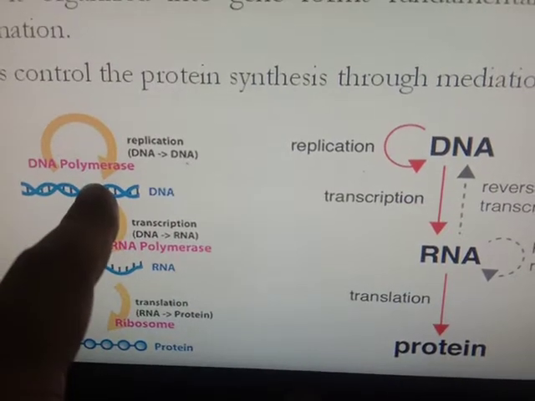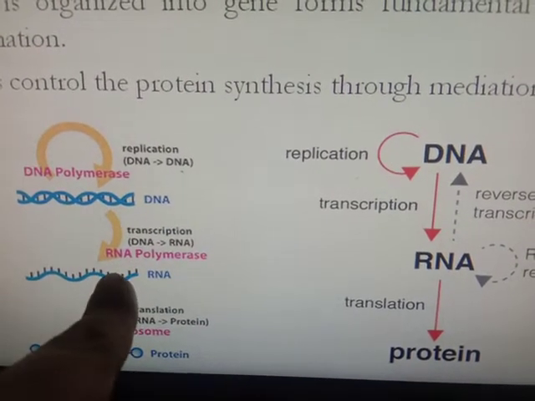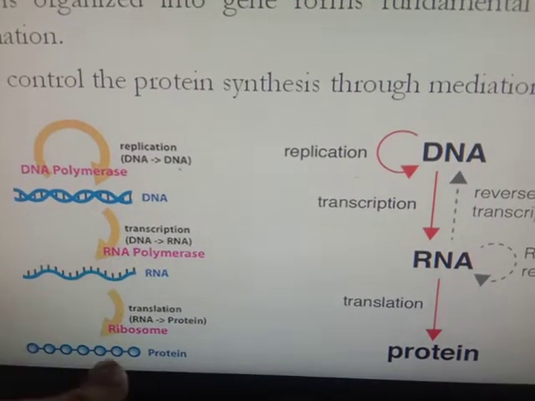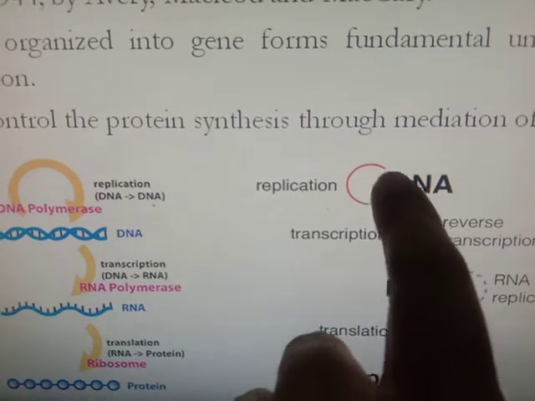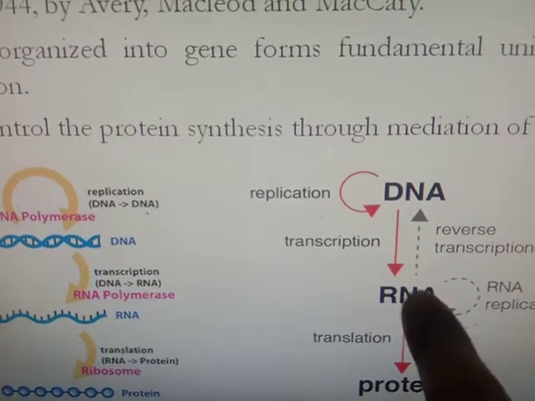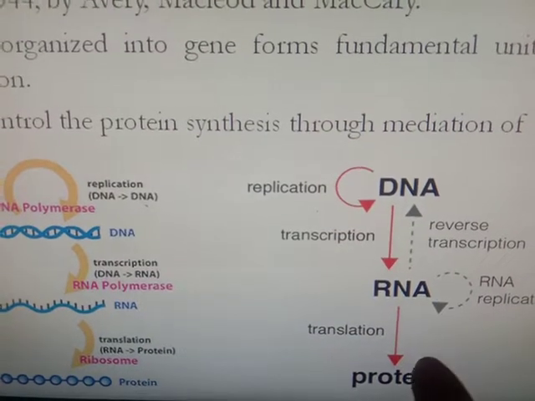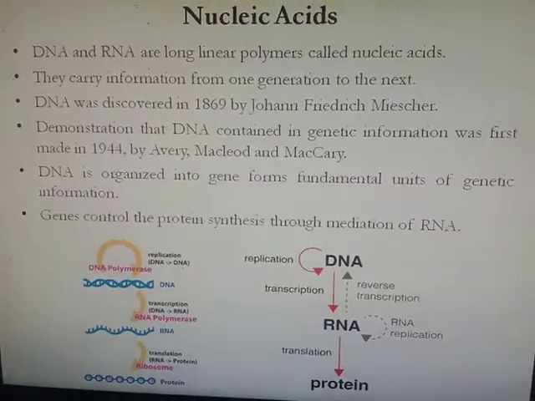From that DNA, the transcription process takes place. From DNA it forms RNA, and from RNA protein synthesis takes place. Means DNA undergoes replication to produce DNA, undergoes transcription to produce RNA, and from RNA it produces protein through the process of translation.